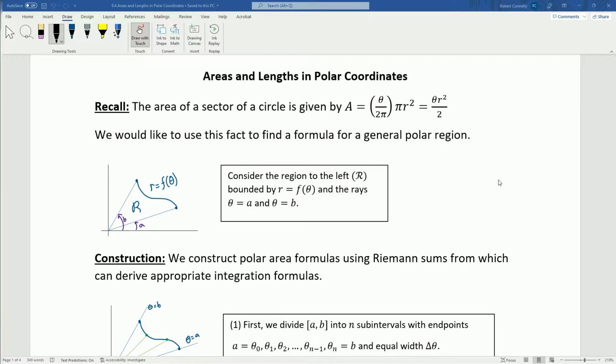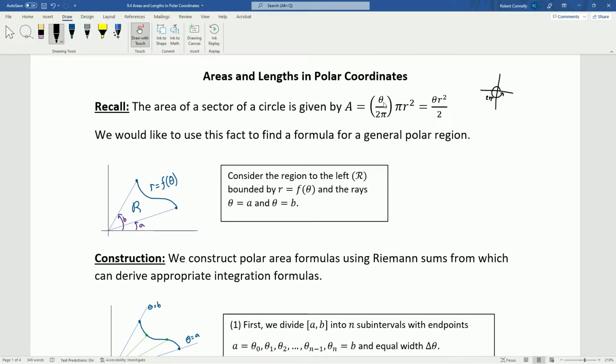So, let's get started. Recall that the area of a sector of a circle is given by A equals theta over 2 pi times pi r squared. So let's just think about what this means here. Pi r squared is the area of a circle, but the full angle, like a full 360 degrees, is the same thing as 2 pi radians.